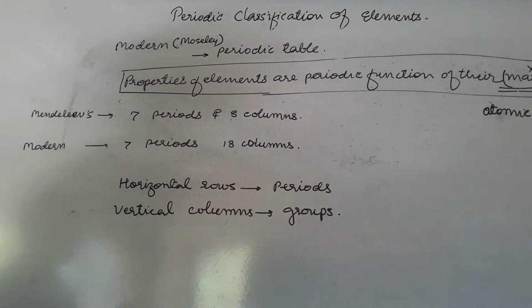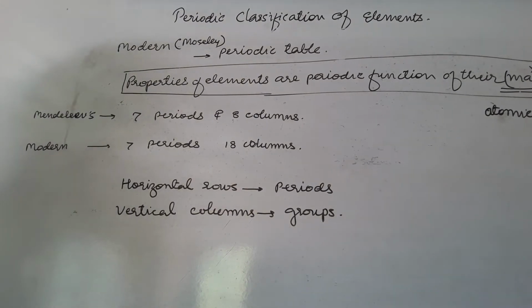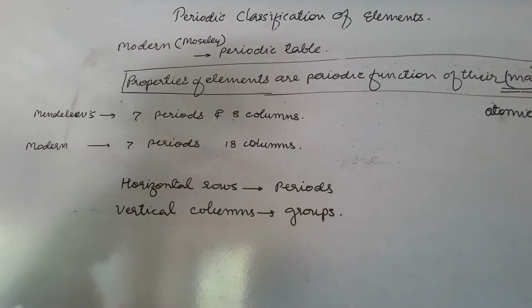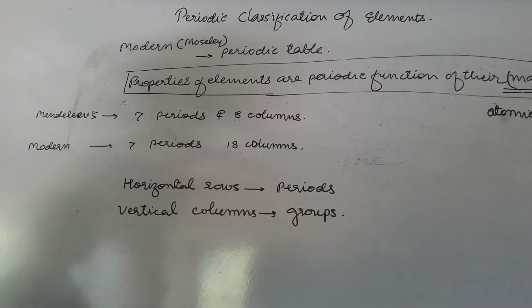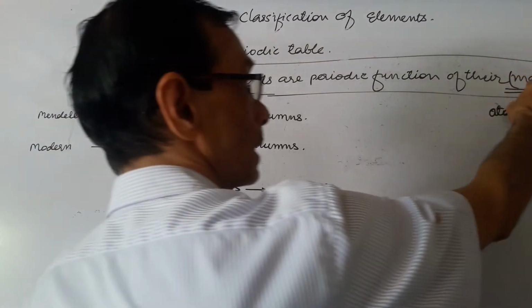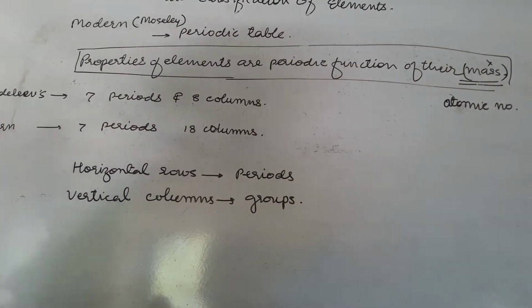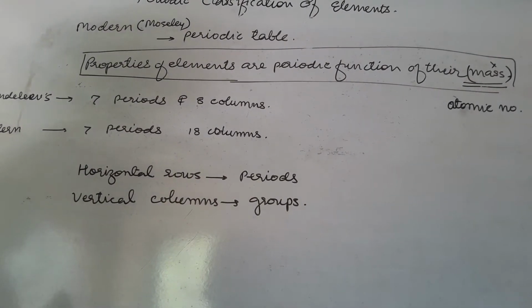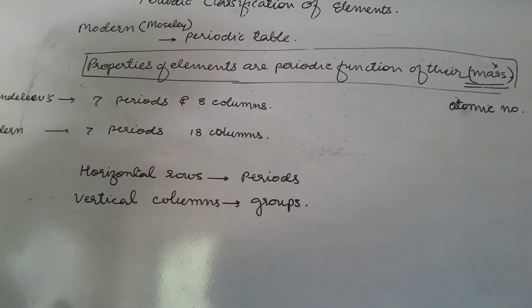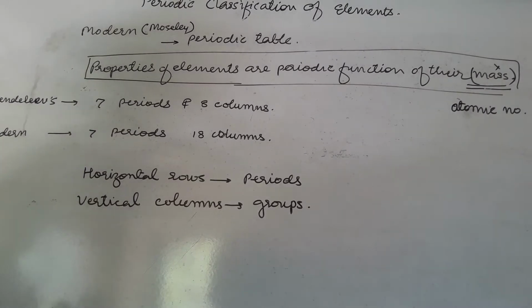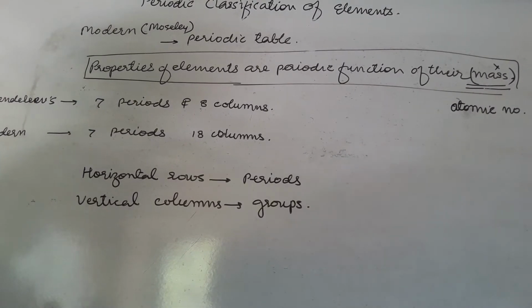Now, until the end of the 19th century, the atom was not fully understood, and that's why they took the mass as a characteristic property of the elements. But at the beginning of the 20th century, when the atom was understood to be divisible, they found that the atom has protons and electrons, and the number of protons is called the atomic number.